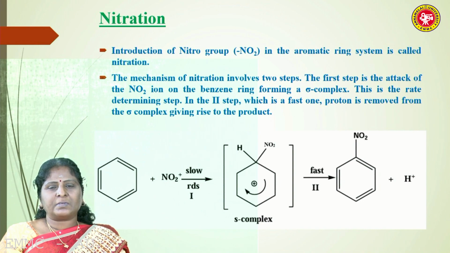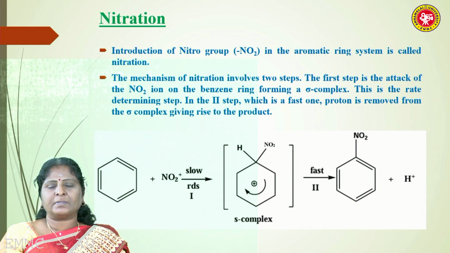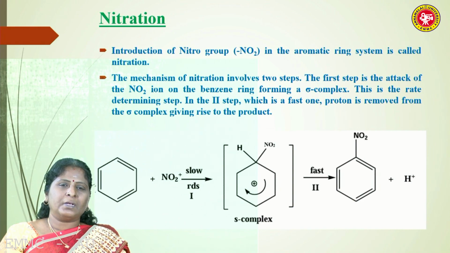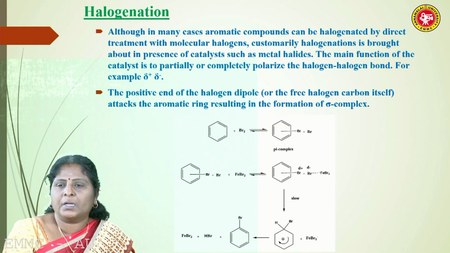In the second step, removal of the proton, deprotonation, is the final step in all electrophilic substitution reactions. If no other substituents are present, the proton is always the leaving group. This is how nitrobenzene is produced.